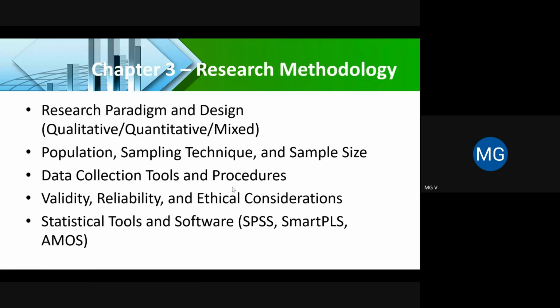So the research methodology chapter provides a clear and replicable blueprint for the entire research process. It begins by stating the research paradigm, positivist, interpretivist, or pragmatist, and then aligns the methodology, that is qualitative, quantitative, or mixed methods, with the research objectives.